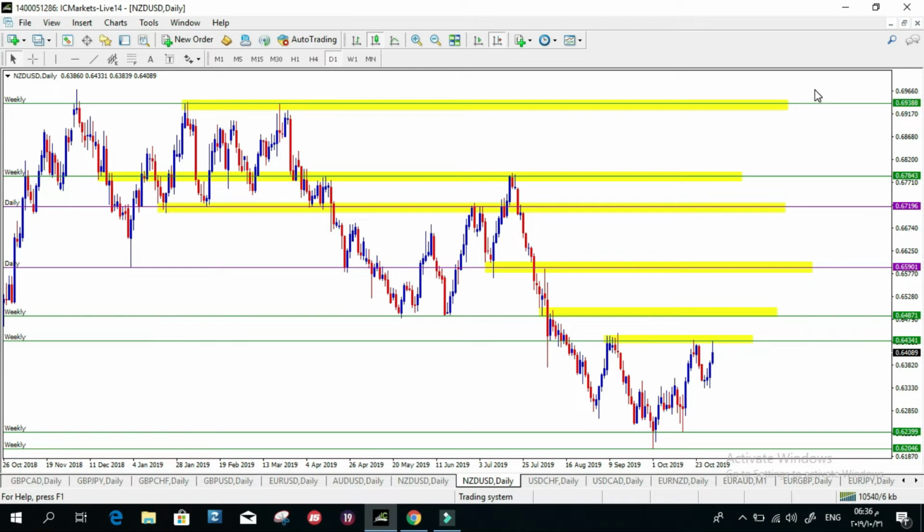Okay, and that's how I draw my resistance and support zones on my charts, as those are the areas you should be waiting for to enter a trade.